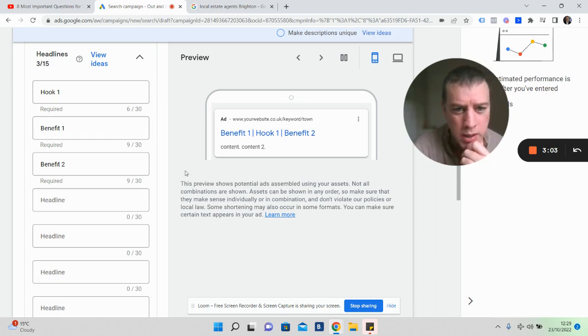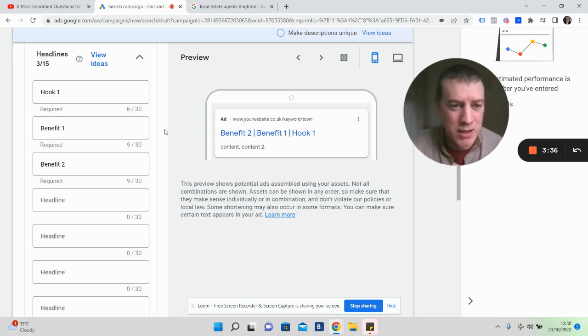So what we're doing is filling this out, and the common mistake that I often find, and I do find it a bit tedious keep talking about the same thing over and over again, is that so many accounts I go into are just talking about you. I had a review with a client the other week, and he hadn't touched it in about 2 years, and he still had award-winning estate agents 2019.